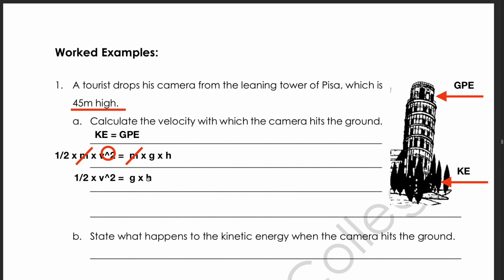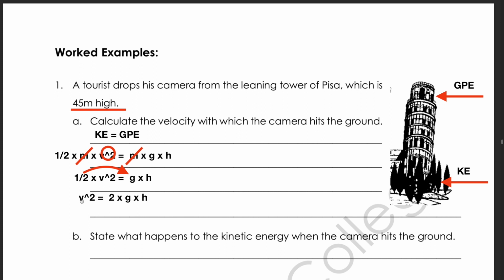Now, as we said last time, multiplying by 1/2 is the same as dividing by 2. So if we are multiplying by 1/2 here, and we take it over to the other side, then instead of dividing by 2, we get a multiplication by 2. That gives us v squared is equal to 2 times g times h.